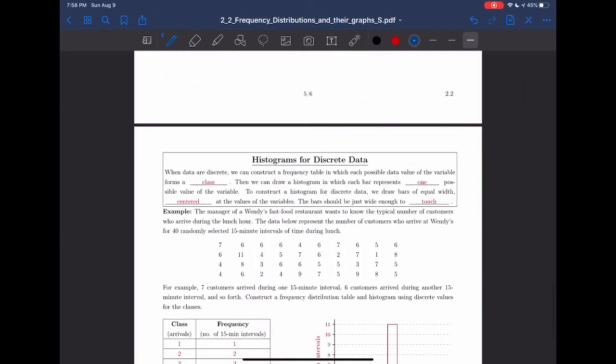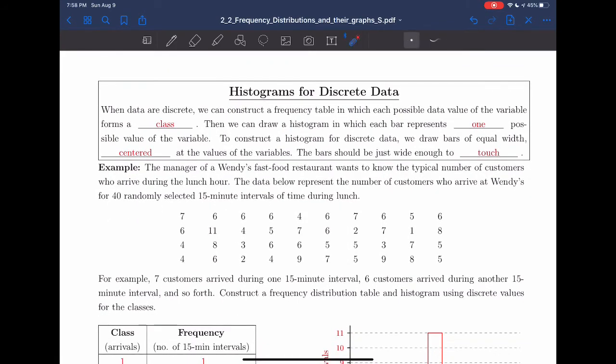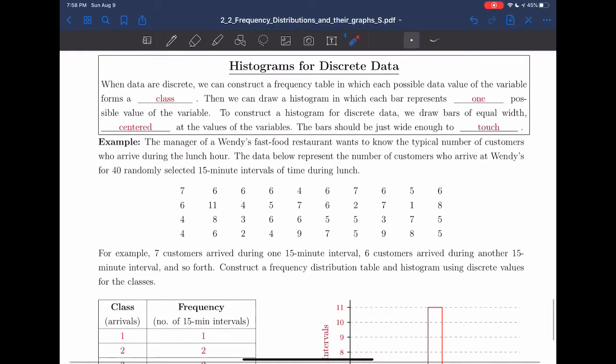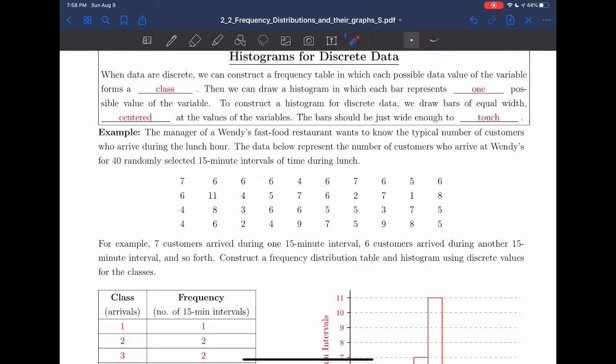Okay, so finally we want to talk about histograms for discrete data. The way this works is that we construct a frequency table in which each possible data value of the variable forms a class. Then we draw a histogram in which each bar represents one possible value of the variable.